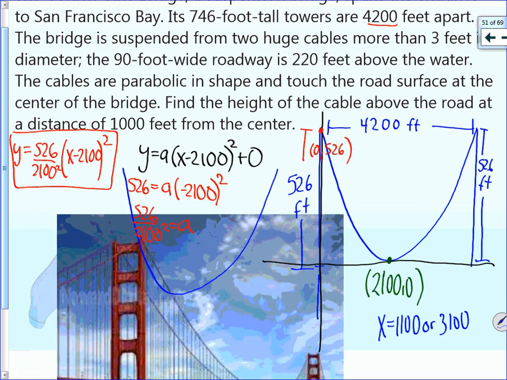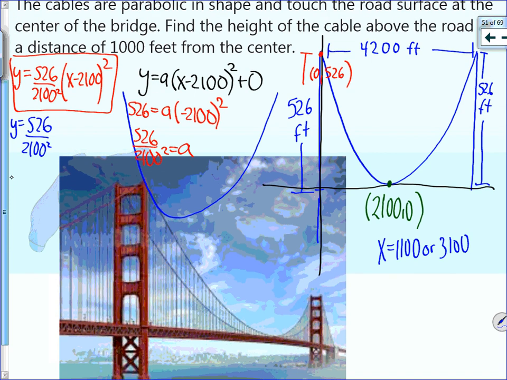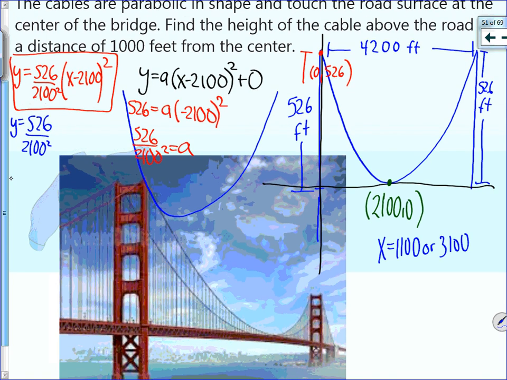I'll just do the lower one. Either way, this is just going to be 1,000 or negative 1,000 or 1,000 squared.